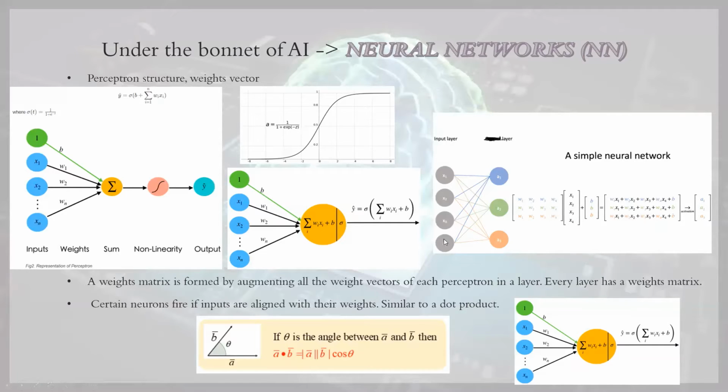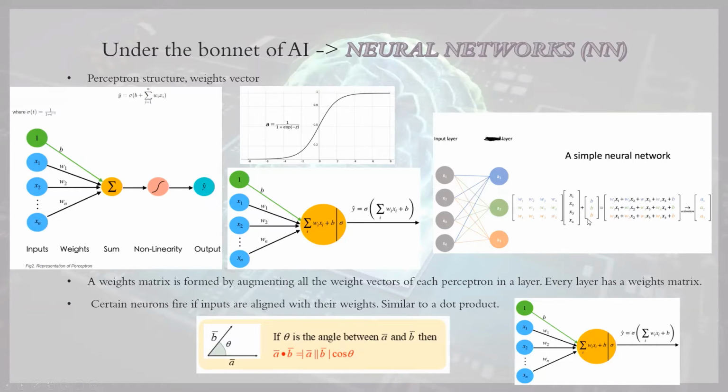Then you have a single input, and you do this kind of matrix multiplication. You have a weight matrix, and you have the inputs, and you multiply them. If you look at the first row, you will have the output for the first neuron. If you look at the second row, you will have the output for the second neuron.